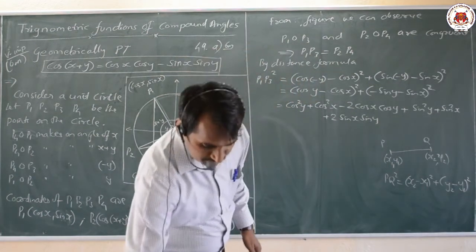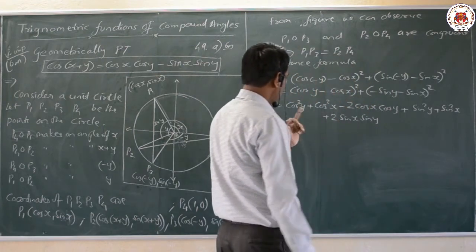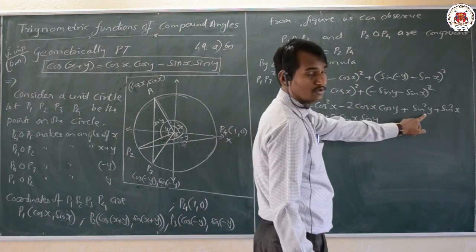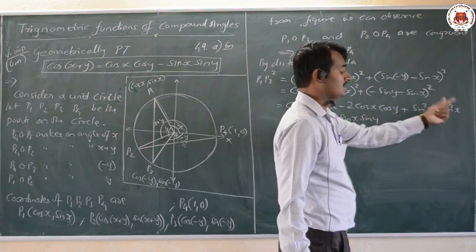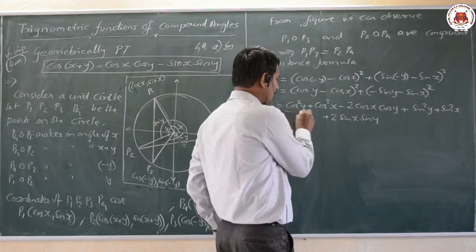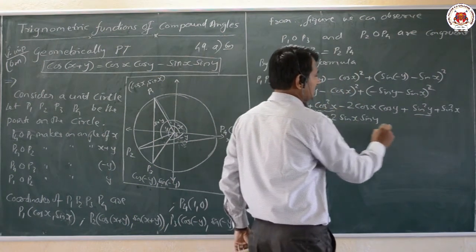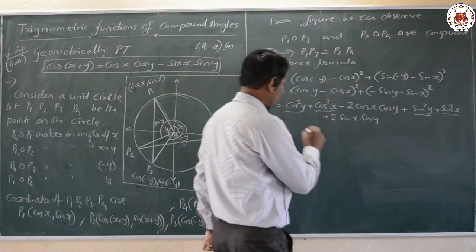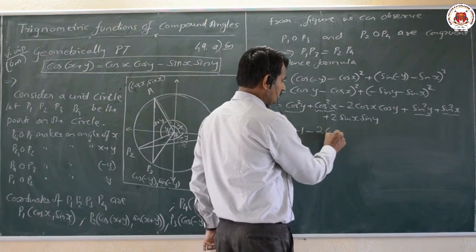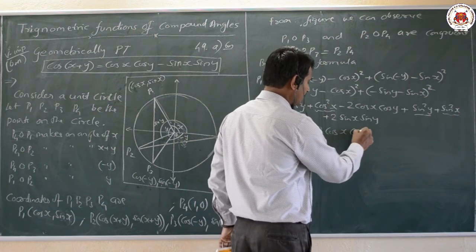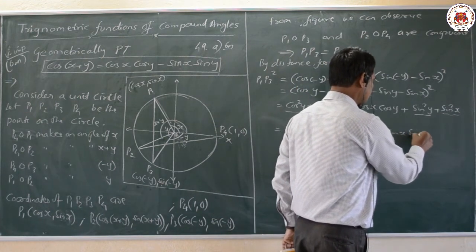Now we know that cos square y plus sin square y is 1, and cos square x plus sin square x is 1. Therefore we get 1 plus 1, minus 2 cos x cos y plus 2 sin x sin y.